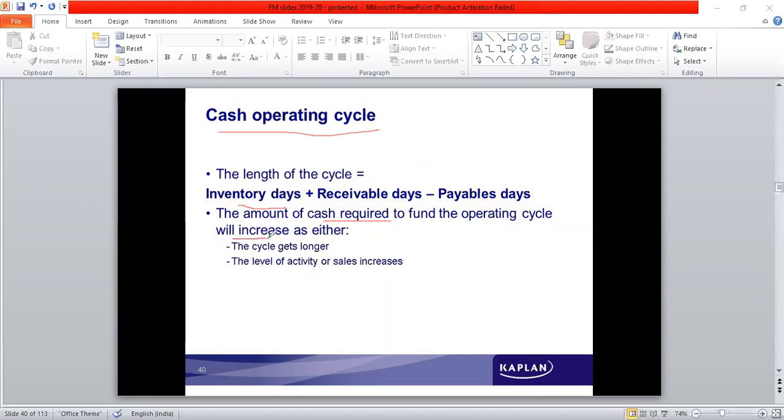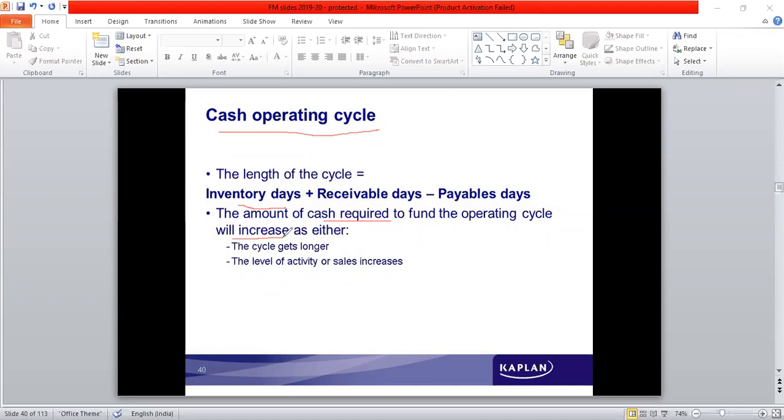When will it increase? More cash has to be pumped into the operating cycle because the operating cycle gets longer, either because there is a delay in the production process or because the credit period to the customers is extended. If the period extends, then to meet the expenses of the business they would not have funds, so the requirement of cash will increase by that amount.